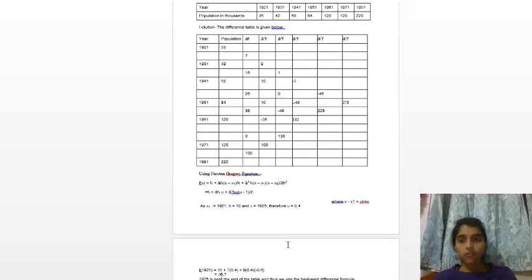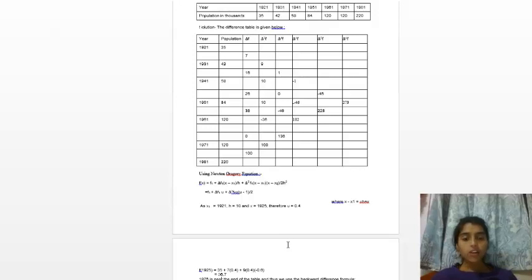Here we have been given that the first year is 1921. So x1 is 1921 and the difference between the years is 10, that is 1931 minus 1921 is 10, therefore the value of h is 10. Now we have to find the population in year 1925, so x is 1925.